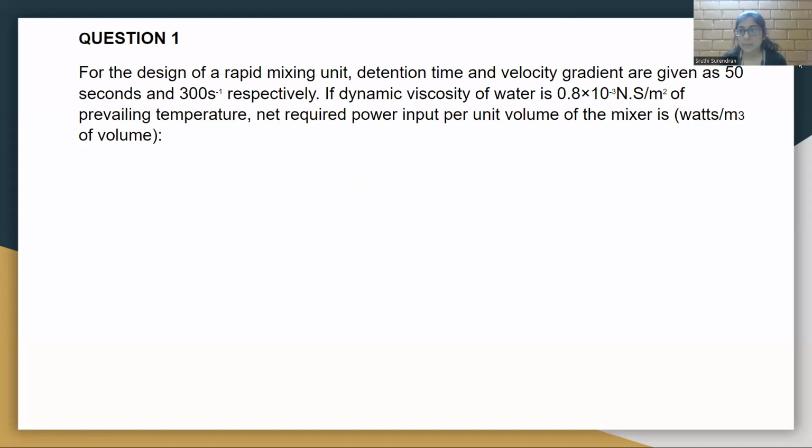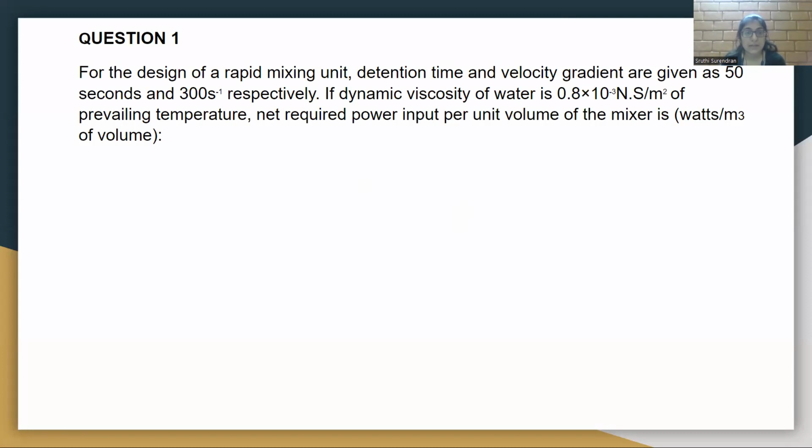You can take your time and try to do these problems. This is about aeration, sedimentation, and coagulation.